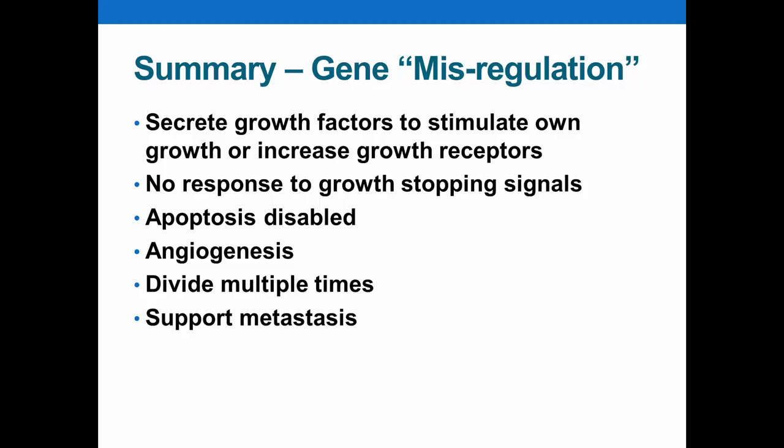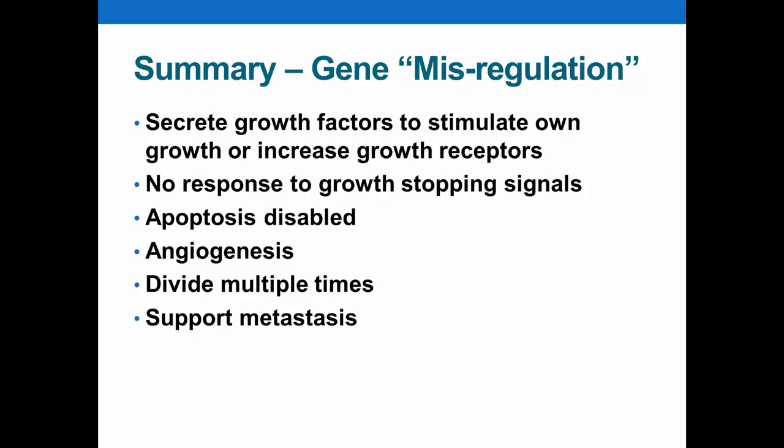We know that these cancer genes don't respond to growth stopping signals. I keep coming back to this idea of contact inhibition. We've talked about that apoptosis, programmed cell death, has been disabled.